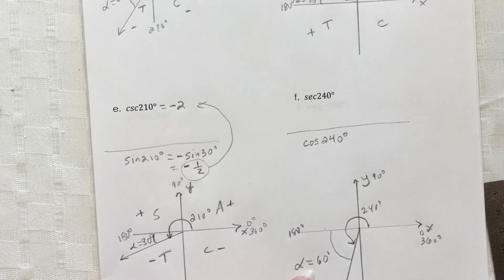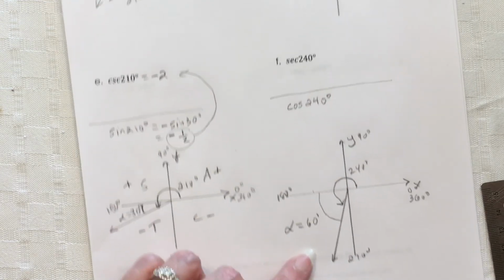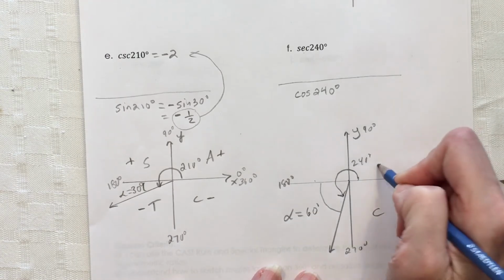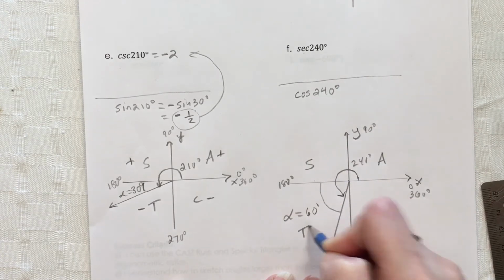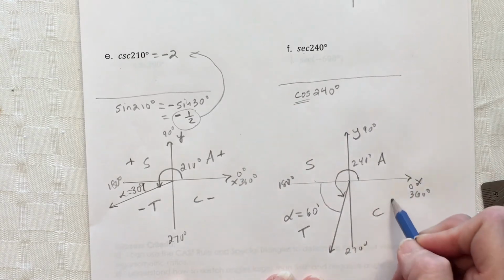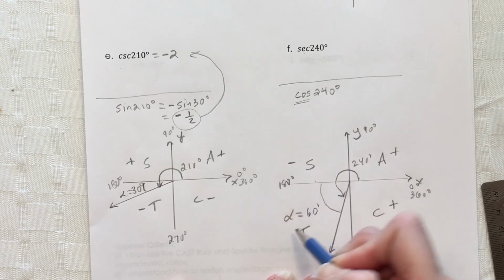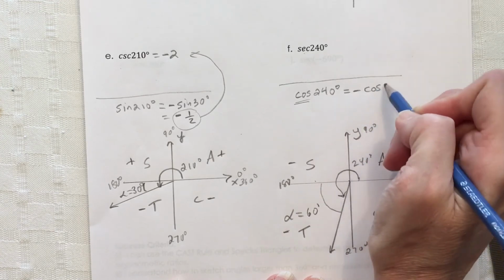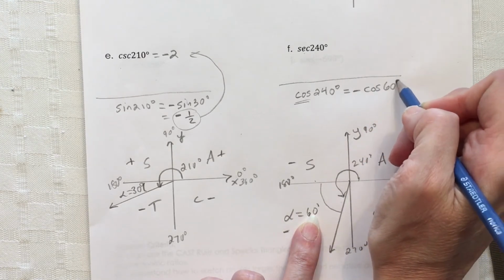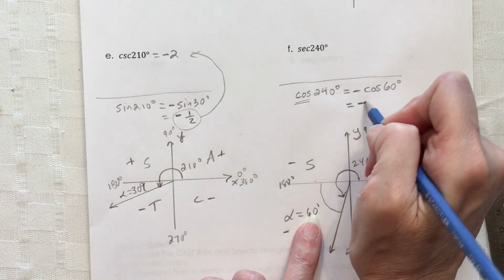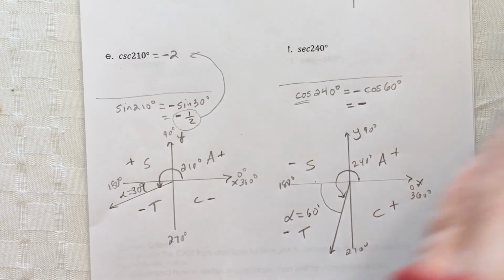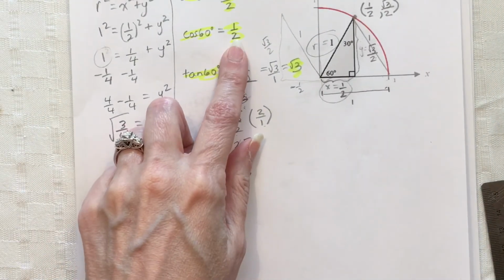Alpha is always between the x-axis and the terminal arm. Okay, so CAST, C-A-S-T, we're looking at cos is positive here and here, so it's going to be negative. So it's going to be negative cos of the related angle, which is 60 degrees. Cos of 60 degrees, if you look at our special triangle here, is 1/2 again.